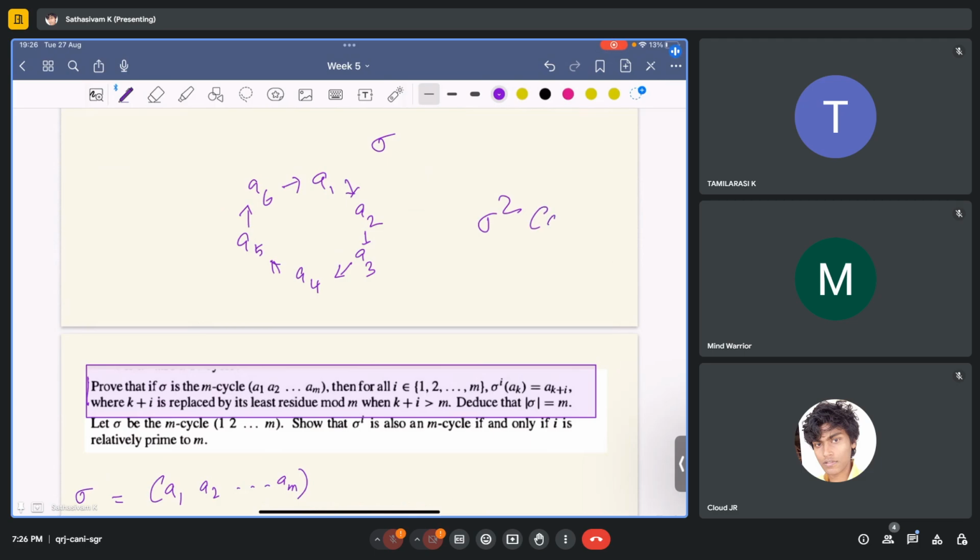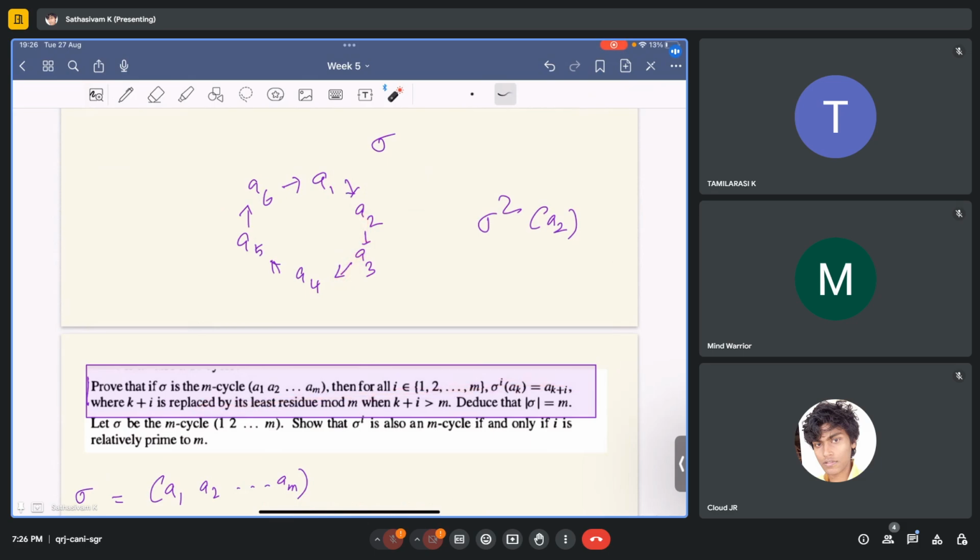Sigma square goes two at a time. Sigma moves everything once, right? So sigma square moves everything twice.